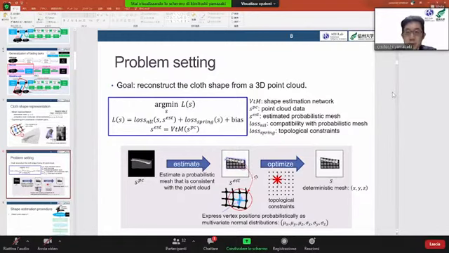After that, we optimize the shape by using topological constraints, which means the neighboring points existing near the present points. Using these topological constraints, we get a deterministic shape, and using this procedure, we cope with the occluded part as a hypothesis. Sorry, it is a difficult point to answer.